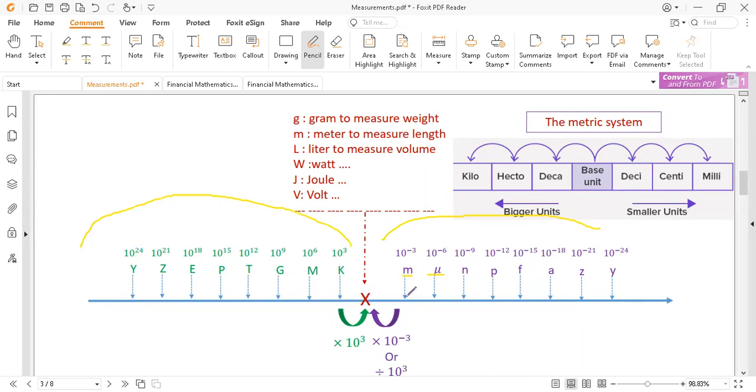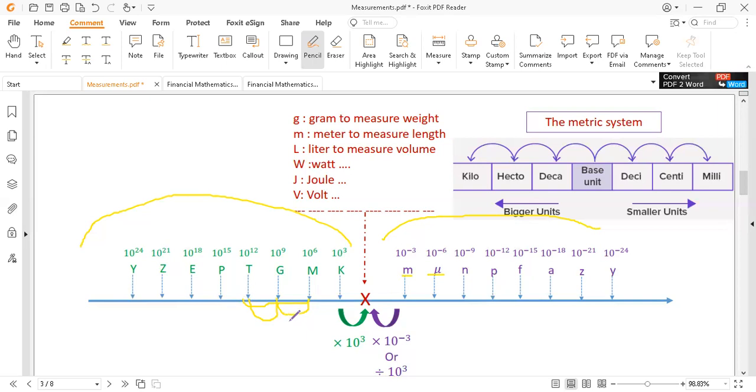So moving from smaller to larger, we multiply by 10 power minus 3 for each increment. For example, moving from mega to giga, then from giga to tera, we are going from the smaller one to the larger one.